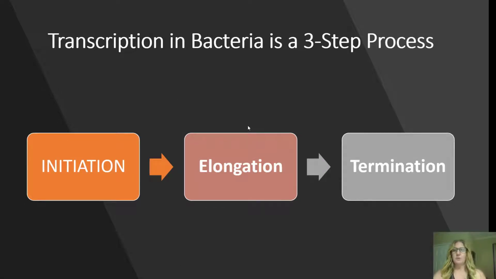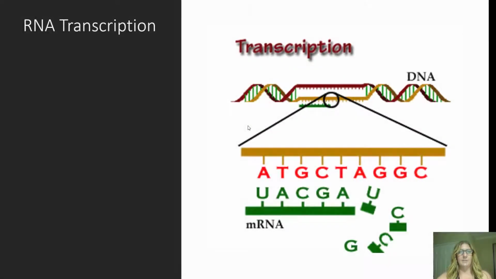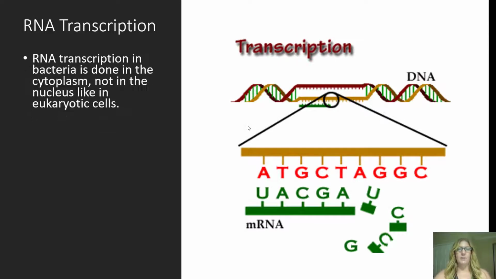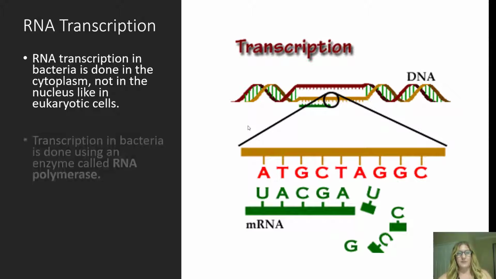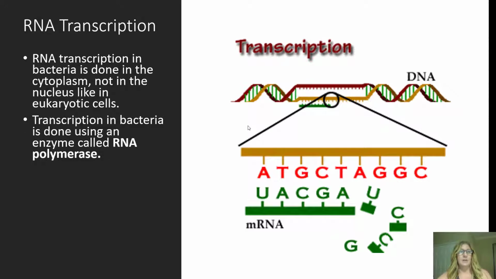Okay, and like I mentioned before, here are those same three terms. The three-step process for transcription is also initiation, elongation, and termination. So let's briefly define what those are. So with RNA transcription, RNA transcription in bacteria is done in the cytoplasm and not in the nucleus, like eukaryotic cells, because remember, bacteria do not have a nucleus.